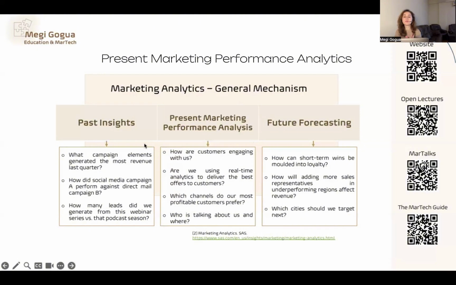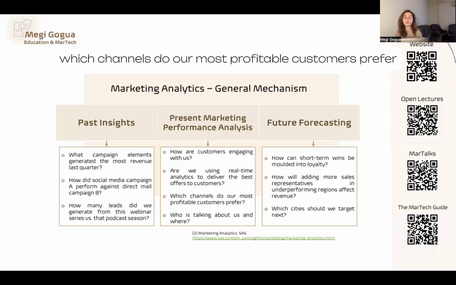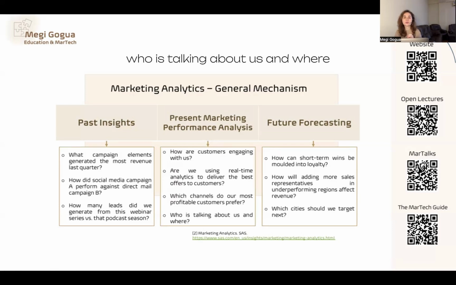Present marketing performance analytics as the second step. How are customers engaging with us? Are we using real-time analytics to deliver the best offers to customers? Which channels do our most profitable customers prefer? Who is talking about us and where? So what is happening right now? Where are we currently?